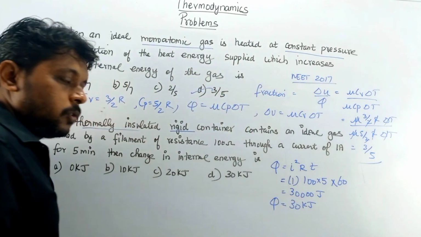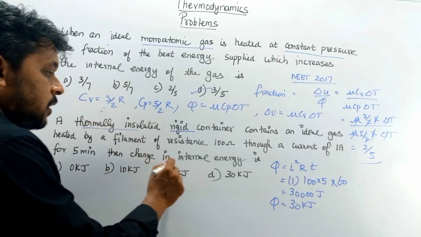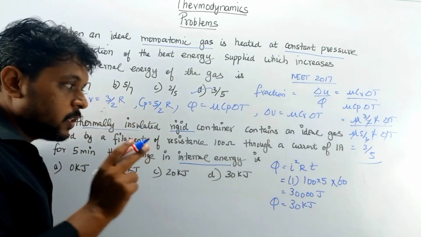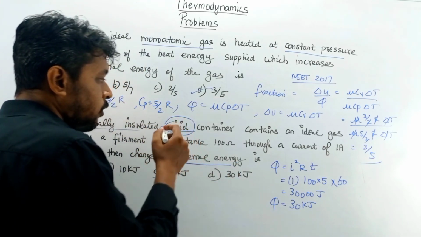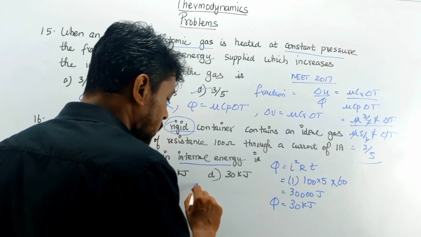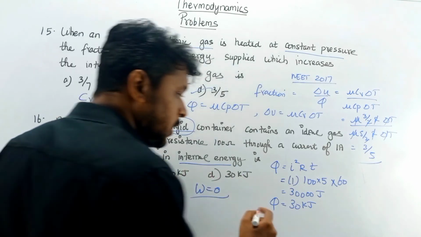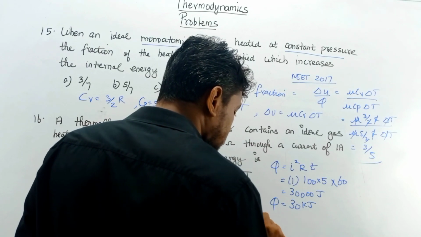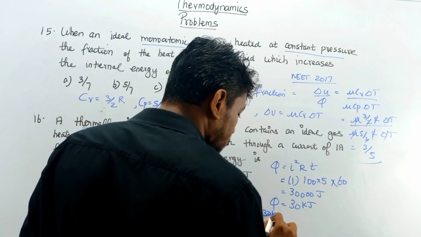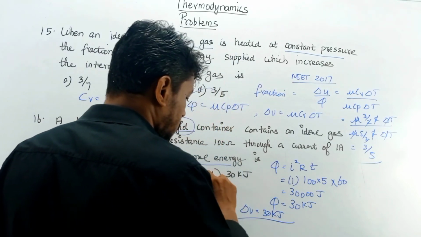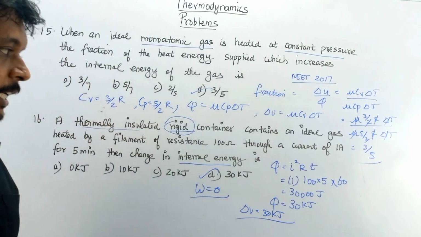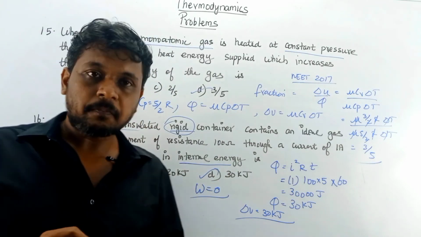So Q is 30 kilojoules. Okay, they are asking the value of the change in internal energy. So here as the container is a rigid container, there will be no change of volume. So the work done will be equal to 0 for this process. Which in turn says that the change in internal energy is also equal to 30 kilojoules. So option D is the right answer for this problem.